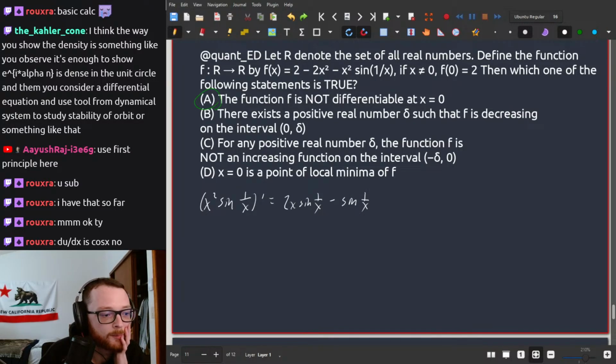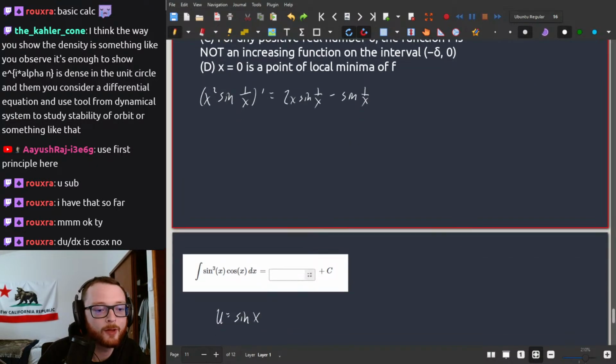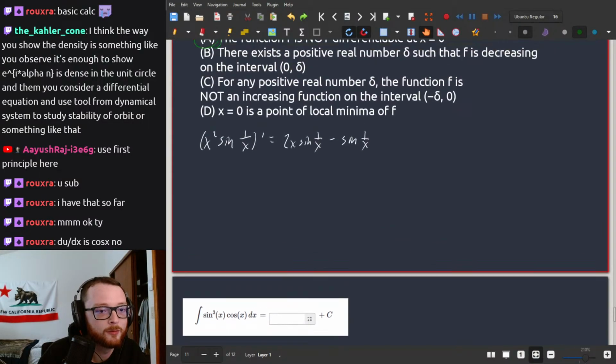Correct, Roxra, yep. And so when you do that sub, that cosine x should cancel with that cosine x inside the integral.